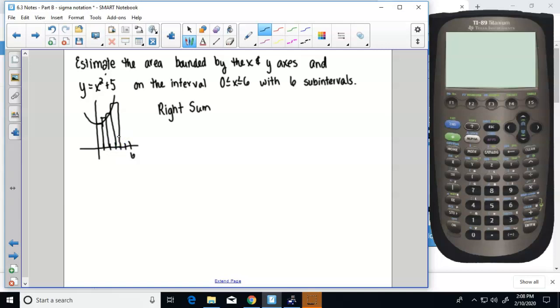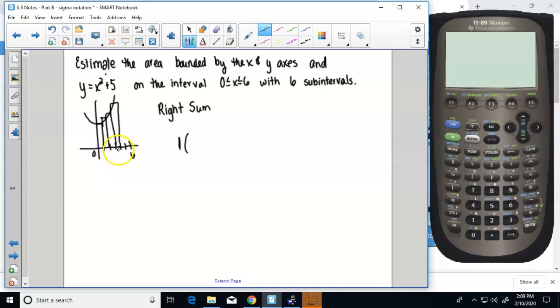But to do this by hand, before we knew anything about summation notation, we would just take the area of each rectangle. So it would be the width of the rectangle times the height. And so the width of the rectangle, what's the width of all of the rectangles? It is 1. So we could have 1 times, and then if we're doing our right sum, we need to use the right endpoint, so we will not use 0.